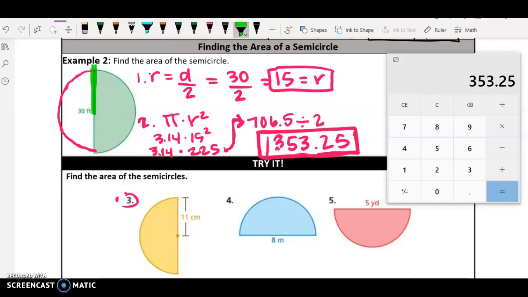Because what happens here is I found the whole area of my circle, and when I cut it in half and I take only half of it, I still have this whole piece colored in.